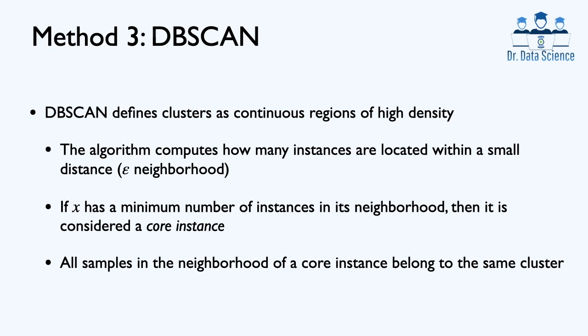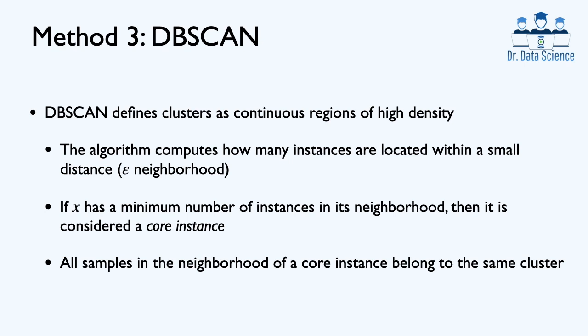The third clustering method that we're going to cover is known as the DBSCAN algorithm. DBSCAN is a little bit different from the previous 2 methods, and it can also be used for recovering nonlinearly separable clusters. The idea behind DBSCAN is that we define clusters as continuous regions of high density. This algorithm computes how many instances or samples are located within a small distance, which we usually call epsilon.